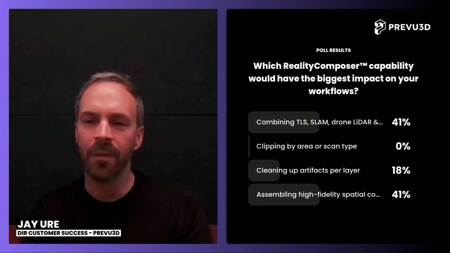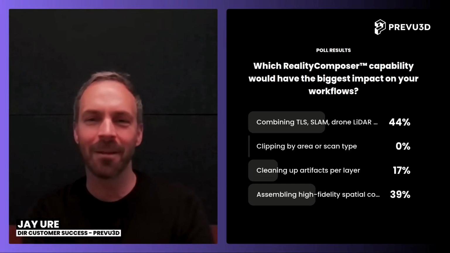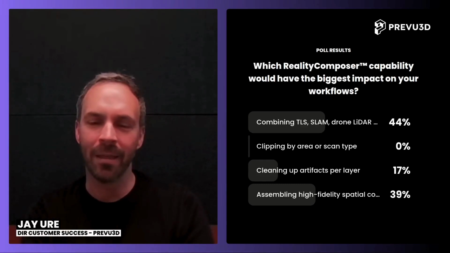That's good information for us to know. Oh, at the end, they're fighting each other. So okay, 44% combining is taking the lead over assembling the high fidelity. All of these are really beneficial, and specifically the one that is not getting any traction, all of that is very beneficial for our R&D and our development as we move forward.